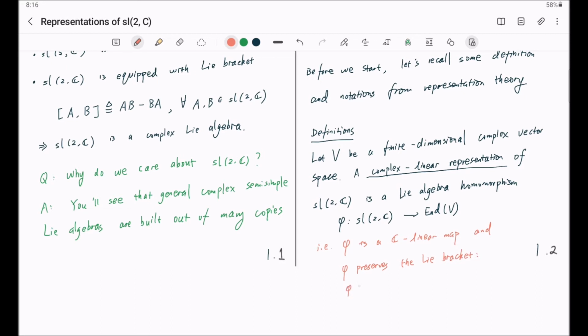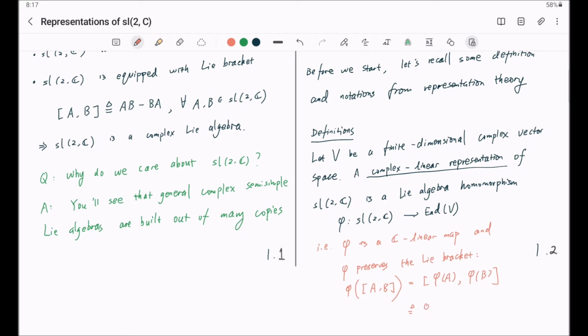This means phi of the Lie bracket of two matrices A, B in SL2C is equal to the Lie bracket of phi of A and phi of B. Both phi of A and phi of B are linear transformations on V. And this Lie bracket is defined as you expected.